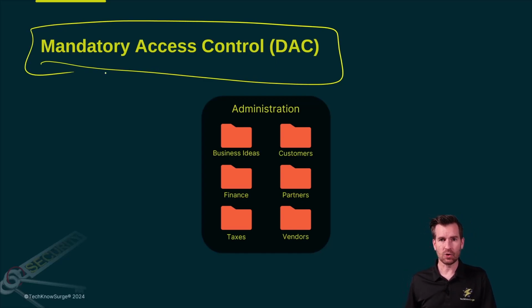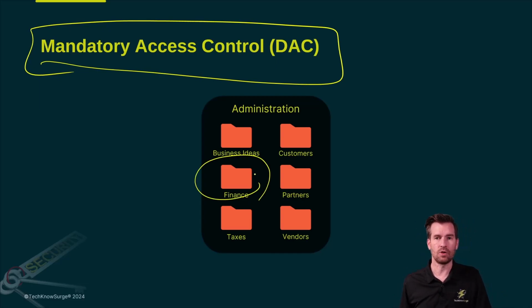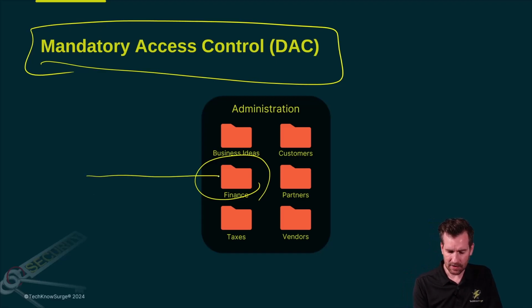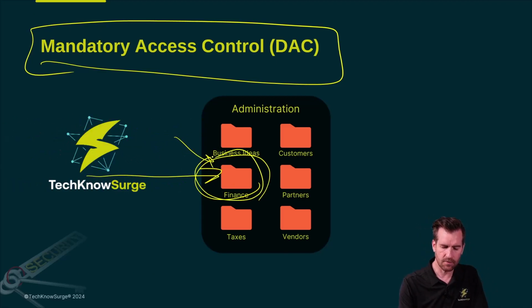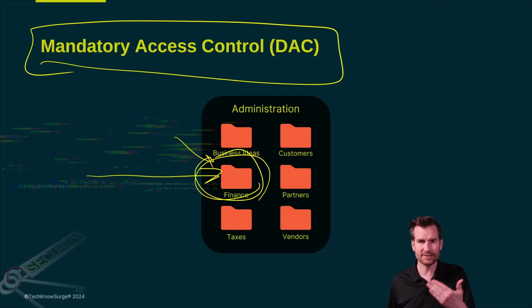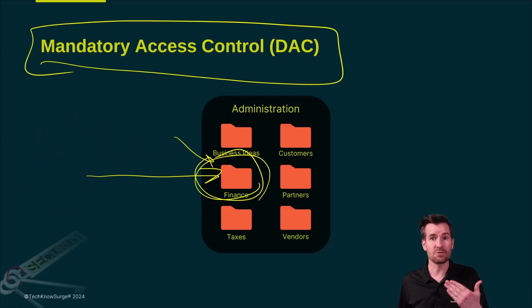Mandatory access control is now the opposite side of the spectrum, where you don't allow people to have discretionary control over it. So our example here is the finance team does have access into this folder, but they don't have full permissions. They just have access to create within it, to read other people's documents, but not to change permissions.